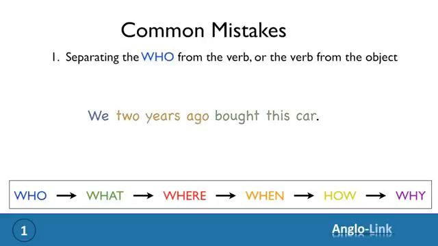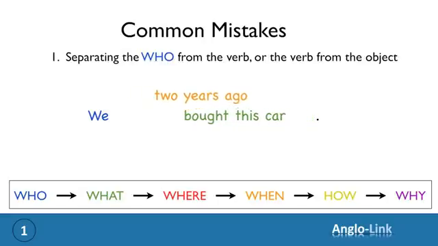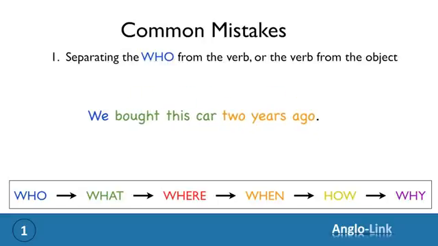Let's color the elements, and you notice immediately that the element when is in the wrong place. It has separated the who from the what. You must avoid this. So let's put it in the right place. We bought this car 2 years ago.